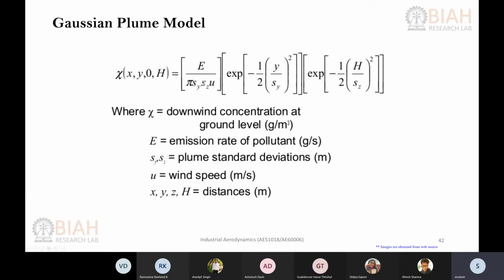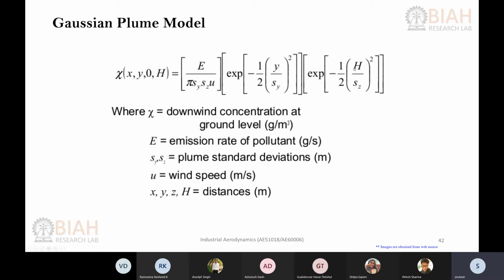So in this formula, what you can see is this will be generally known to you. Wind speed will be known to you. Okay, and sigma y, Sy and Sz, the standard deviation part you need to find out based on the atmospheric stability condition. So there will be few plots we will see subsequently. So from that plot you need to find out Sy and Sz.